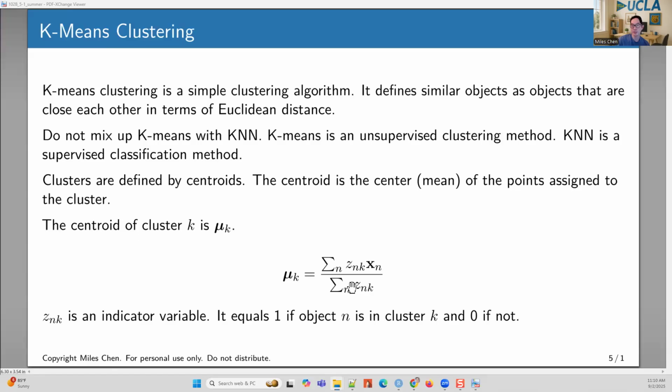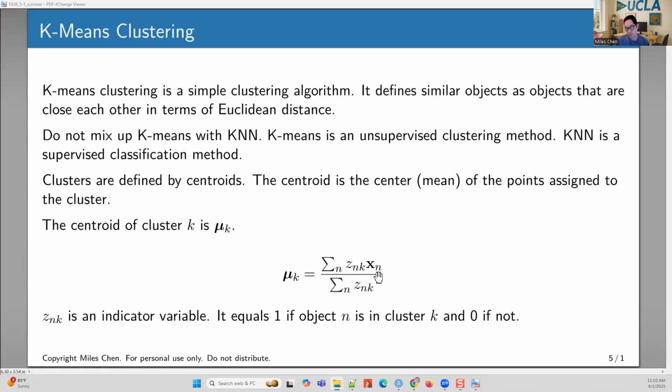When you do the sum over n, the denominator will basically be how many points are in cluster K. The numerator will be the ones multiplied by the x's which belong to K, so the sum of the x values in cluster K. So it's basically just take the mean of all of the points that belong to cluster K, but in formula it looks like this.